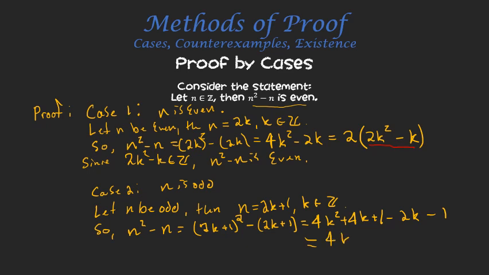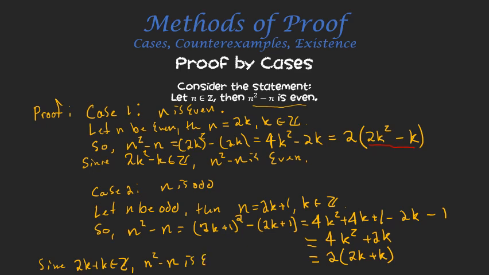We still have 4k squared. Now we have just plus 2k, and then the 1's cancel off. And we can see we can write that as 2 times (2k squared plus k). And then I'll just say over here, since 2k squared plus k is an integer, n squared minus n is also even.